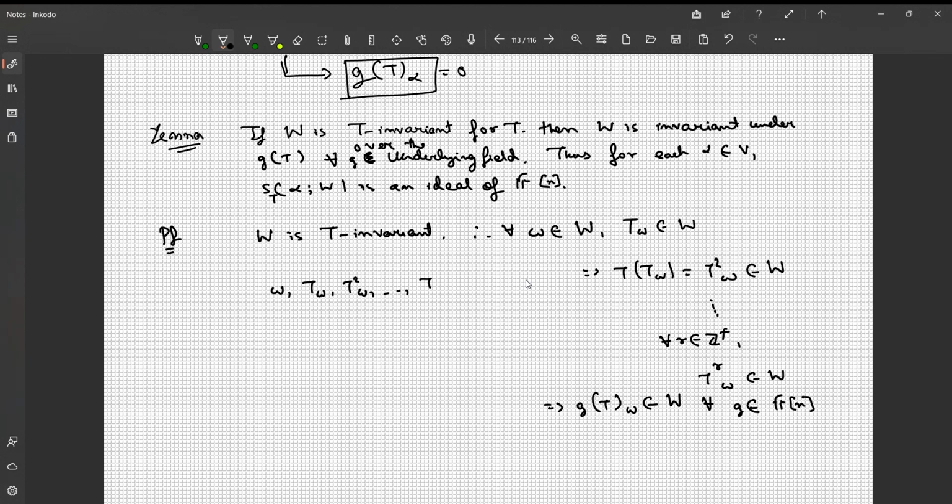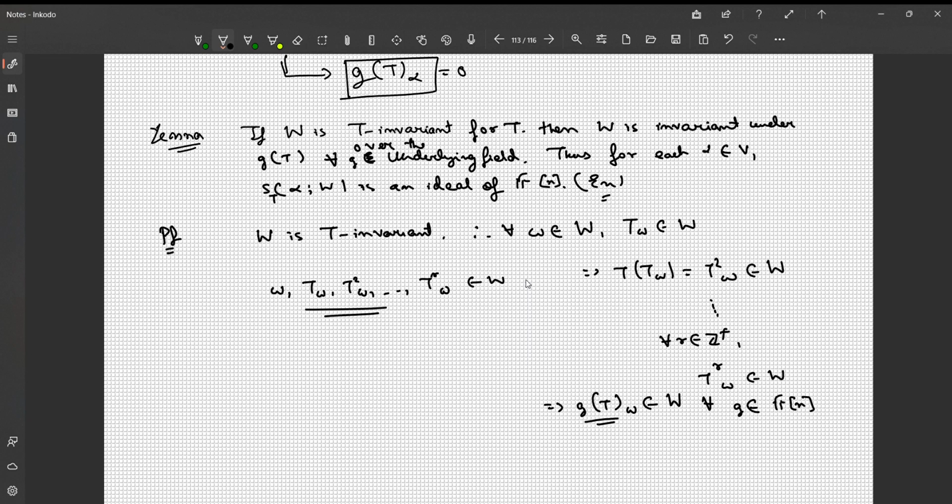Typically you have w, T(w), T squared of w, and so on till T to the power r of w, all of these elements in W. So you can take the linear combination of these elements, and that will again be in W. That gives exactly this expression, g(T) of w for a provided polynomial g. So it's clear.